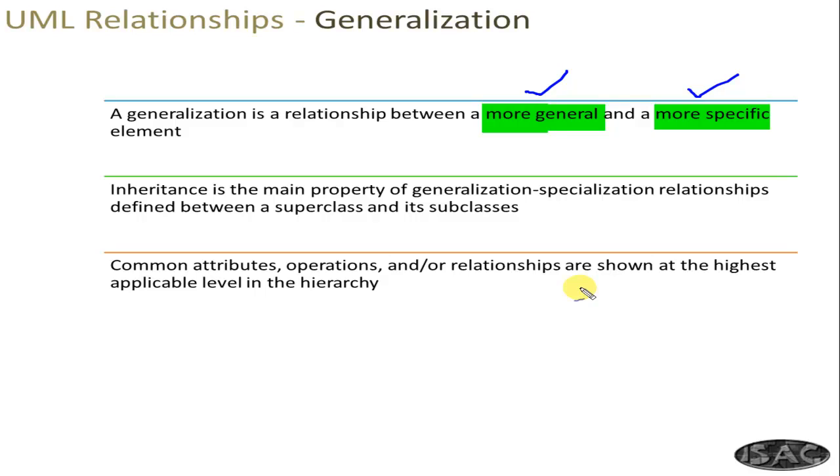All of these are a specific form of the more general form. So from the general one, these are the specific elements, and inheritance is the main property used in the generalization-specialization relationship. From generalization to specialization, we will see this relationship coming very quickly in our diagrams as well.